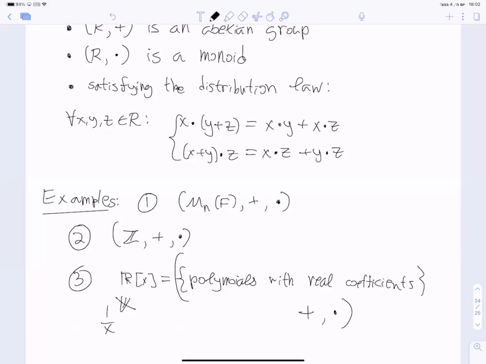The only invertible elements here are the scalars which are not 0. But it's a ring.